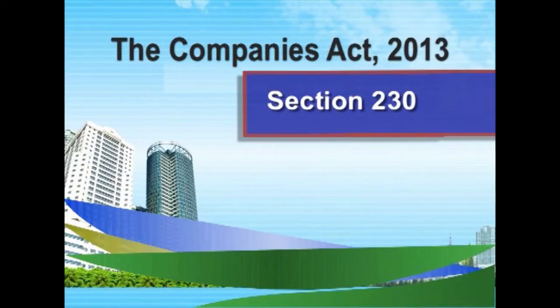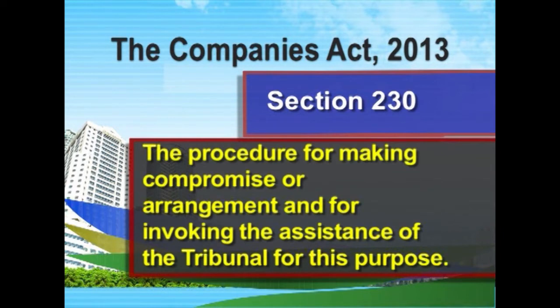Procedure for the scheme of compromise and arrangement. Section 230 of the Act also lays down the procedure for making compromise or arrangement and for invoking the assistance of the tribunal for this purpose.